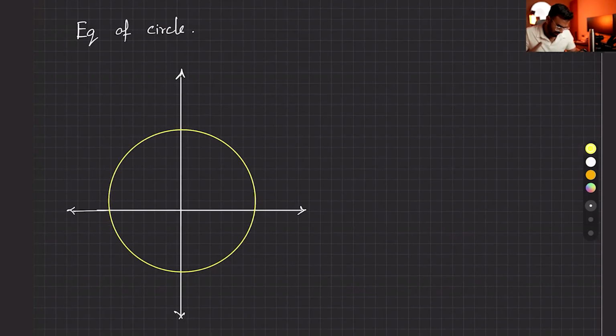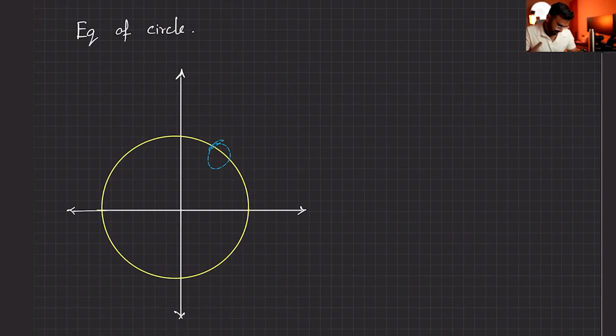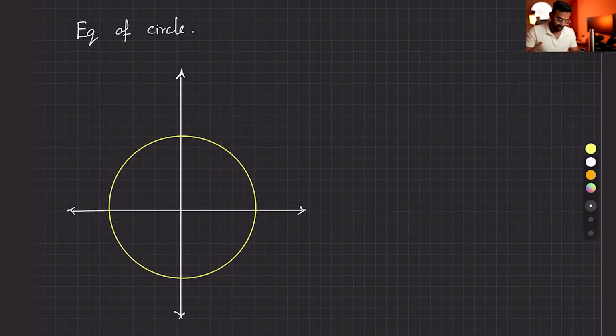So you guys, is this right in the center? Kind of. Okay. So this is a circle with the center point 0, 0, right at the origin. And you have this to be the radius r.